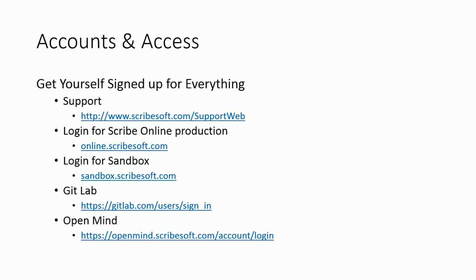The next stop where you'll want to have an account is GitLab. Some of you probably have a GitLab account already. We like to use GitLab because it allows for segregation of projects and gives customers privacy from each other, but also allows us to look at all the projects that are going on concurrently. We need that to help manage the connector release schedule that we have the last Tuesday of every month.